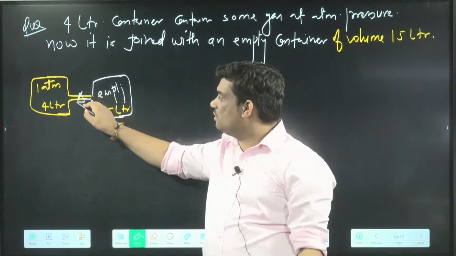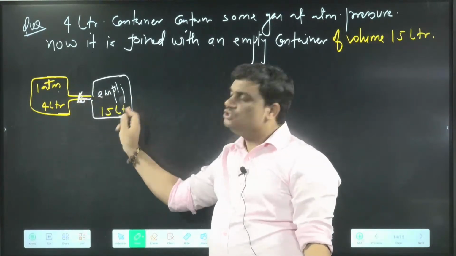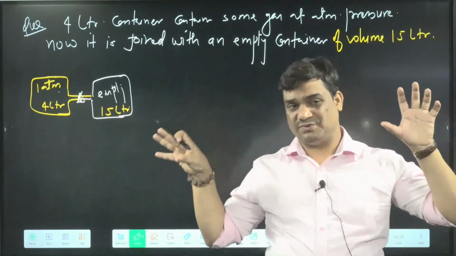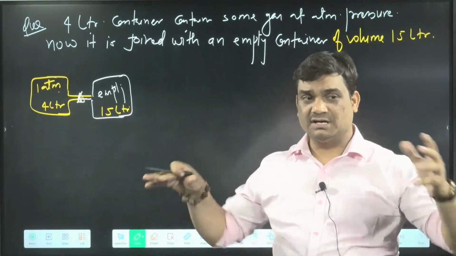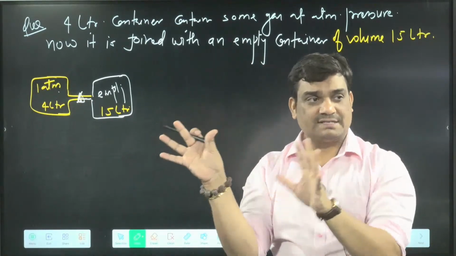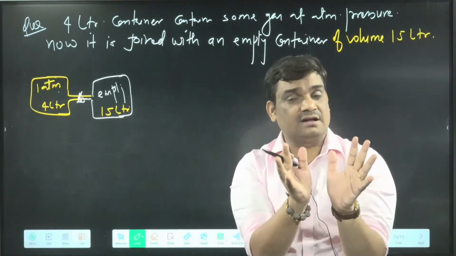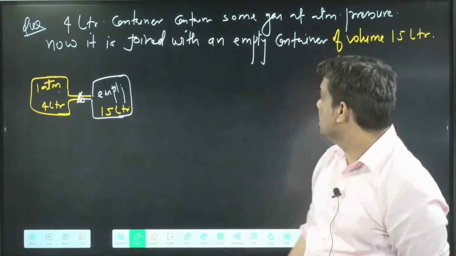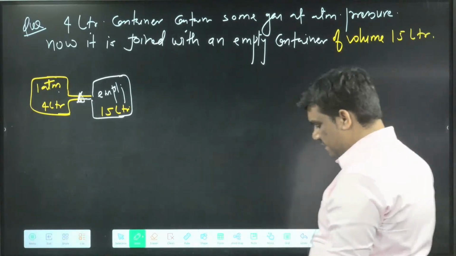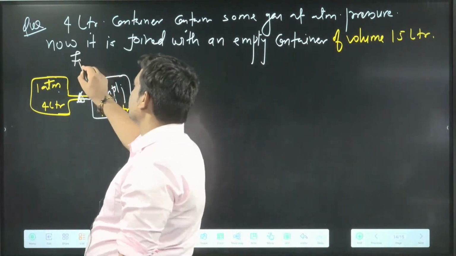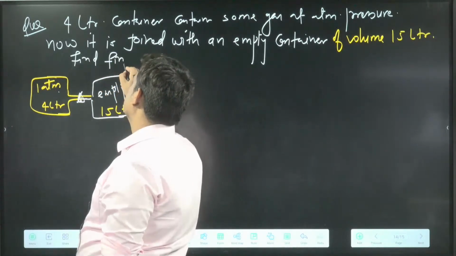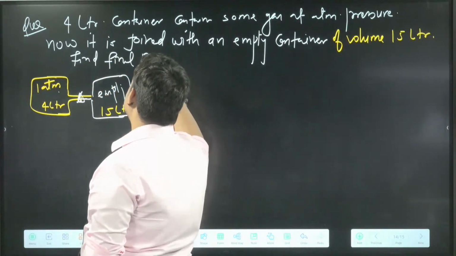And if you join, then the moles will distribute. Some moles will be in the first container, some moles in the second container. But initially in the second container there is no molecule. Volume is given as 15 liter. Find the final pressure.